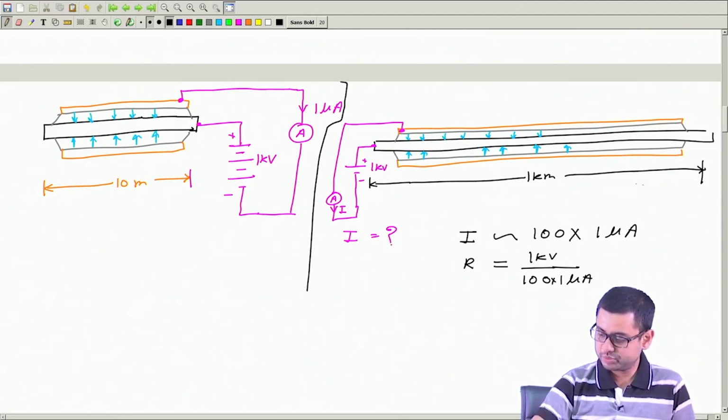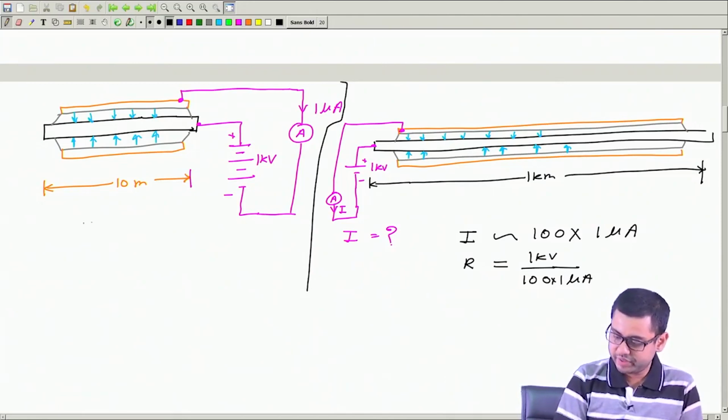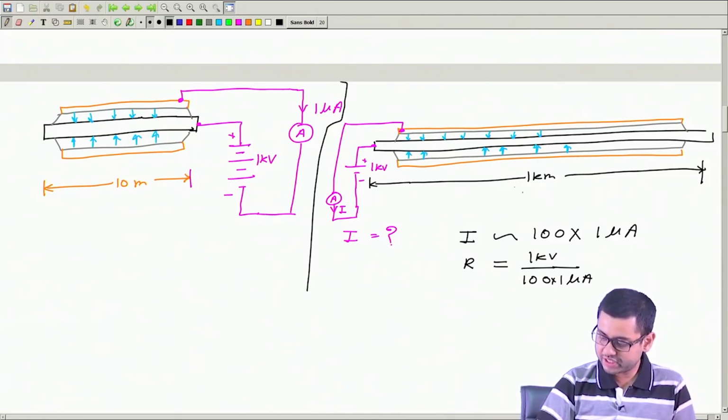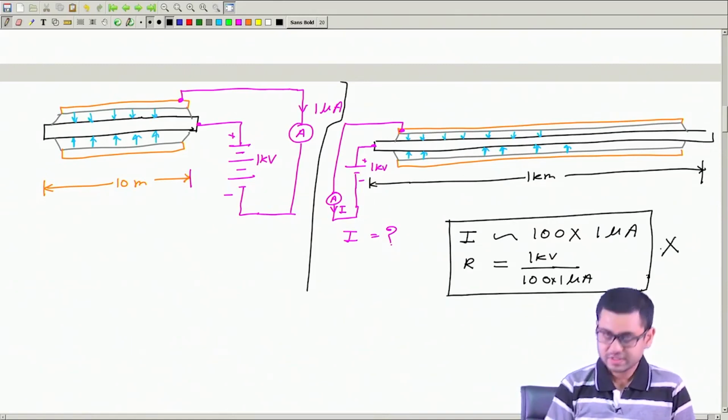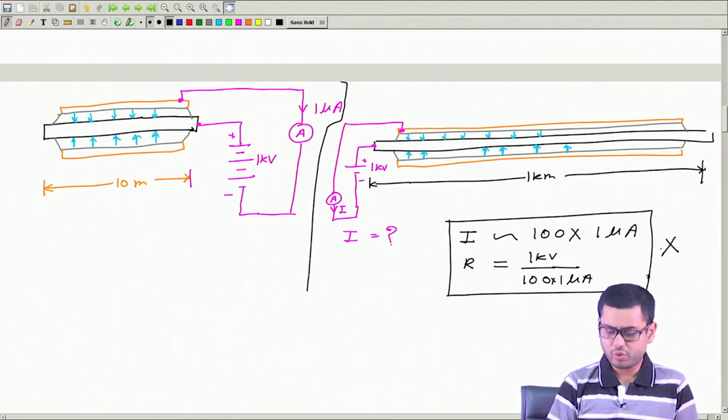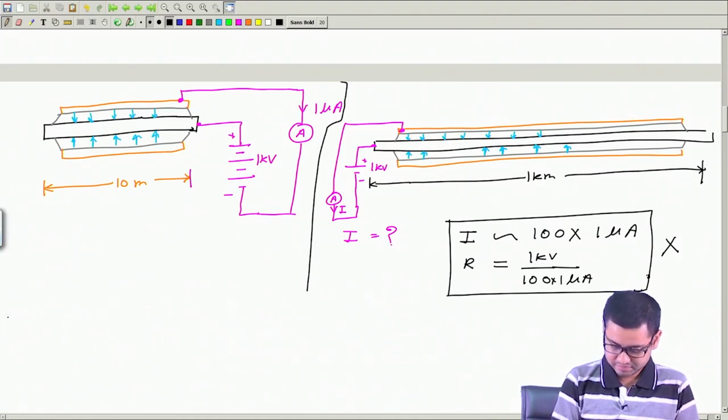So this experiment is not performed, this experiment is performed, and from this we are trying to guess what would have been the value of this current if we actually had a 1 kilometer long cable. But this result is not correct. Why is it not correct? Let us see in detail.